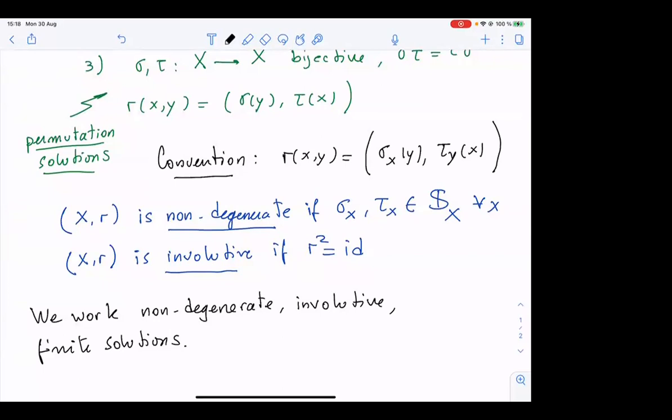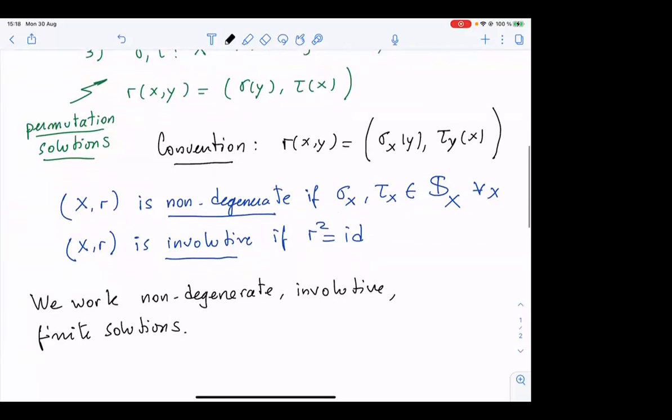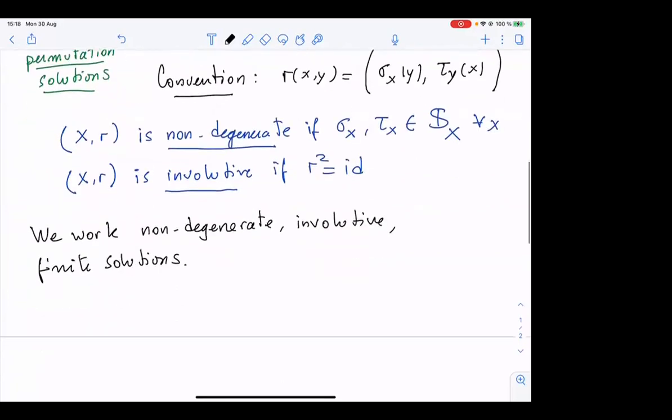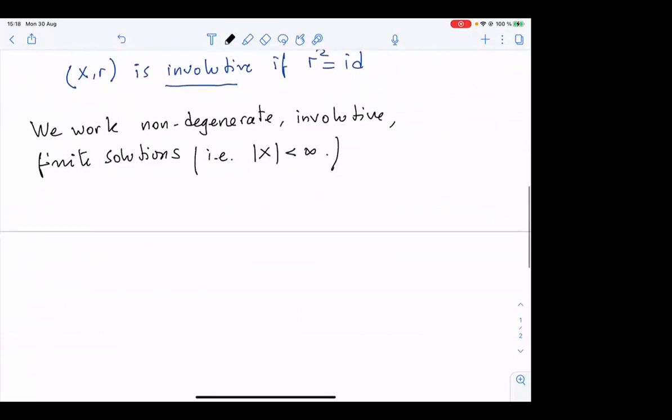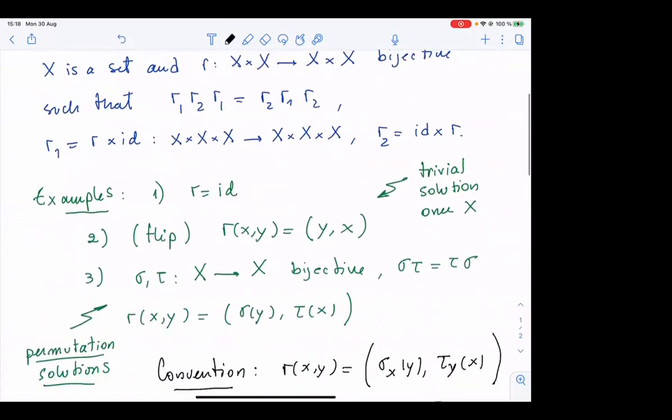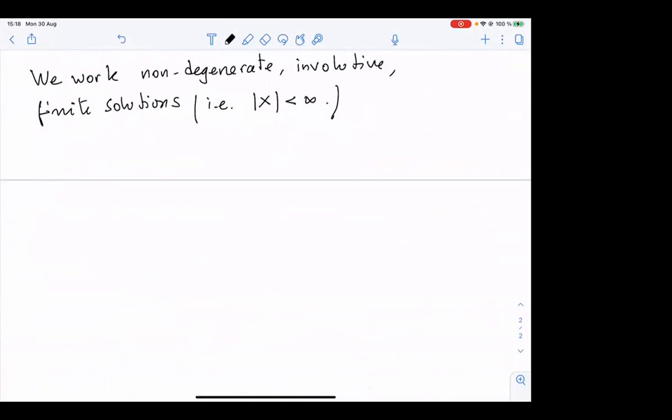Okay. What does it mean to be finite? Finite means that X, the underlying set, is finite. Again, it's something that you don't have to assume, but of course, in the case of finite solutions, you have more results, right? So as I said, the first thing I want to do is to construct solutions.